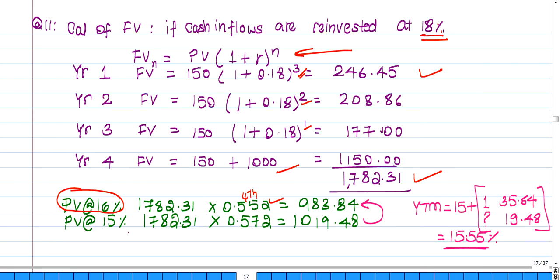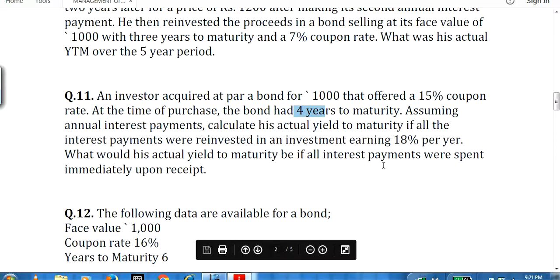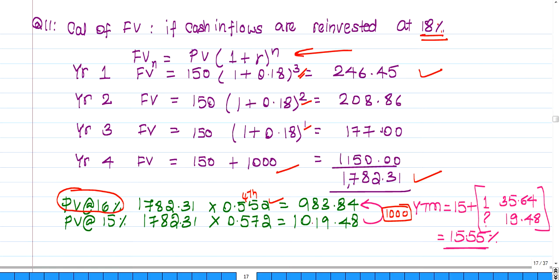At 15%, fourth year 0.572, you will end up in 1019.48. So we have to get it exactly at 1000. From 1019.48 we have to stop at 1000.